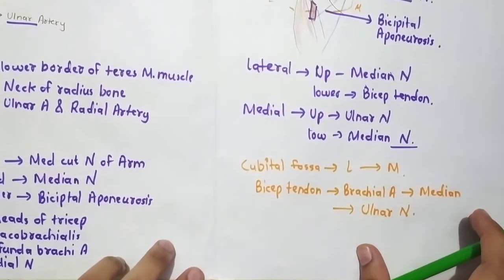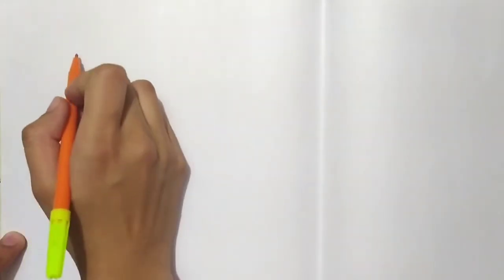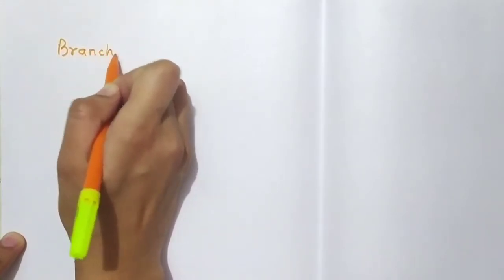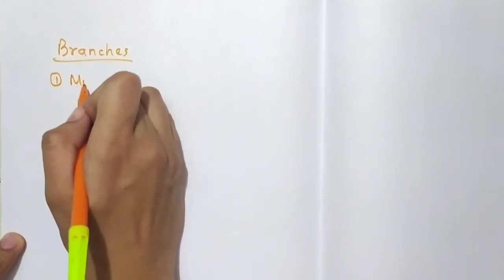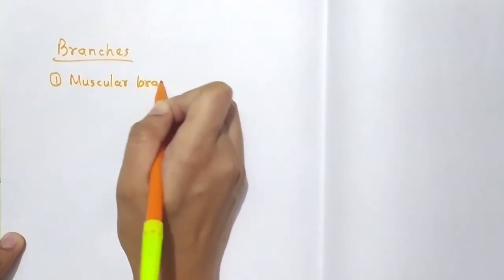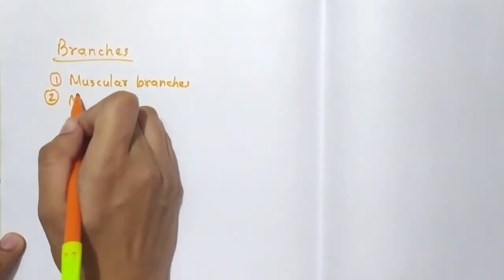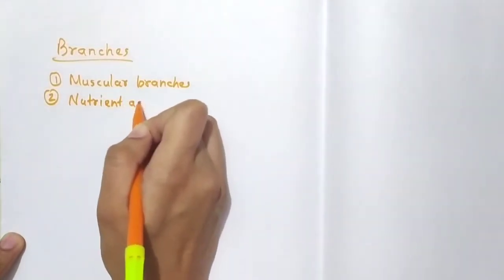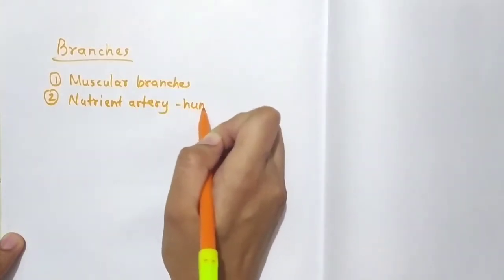So the branches: first is muscular branches, then there is a nutrient artery for humerus.